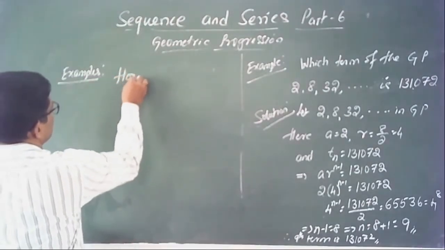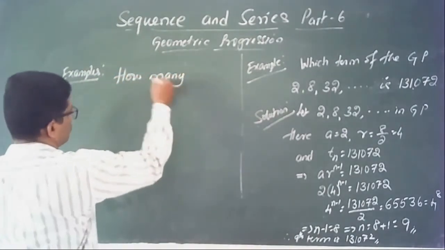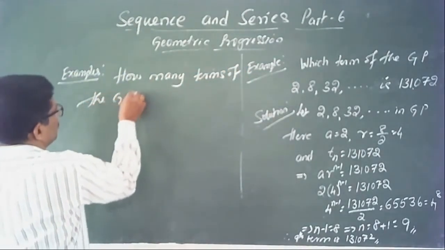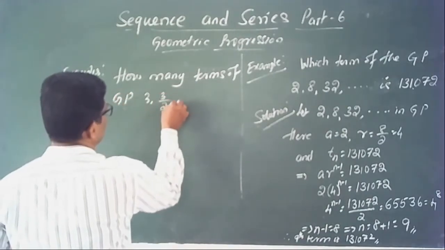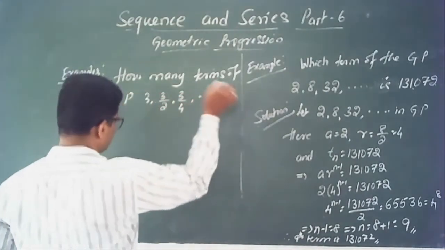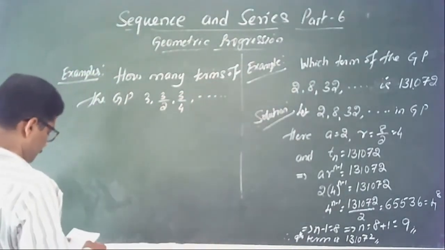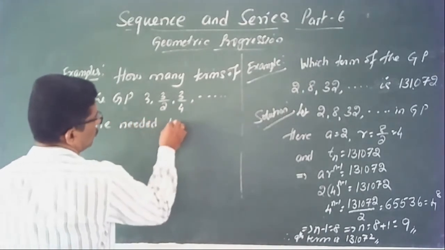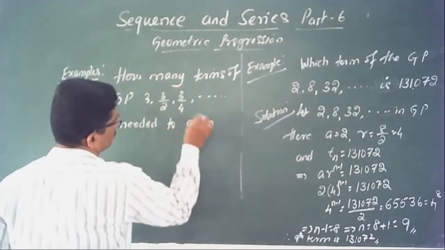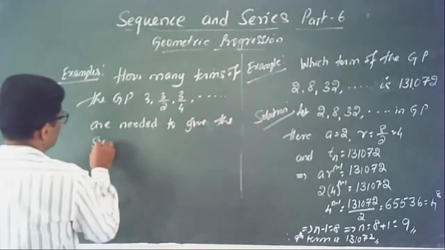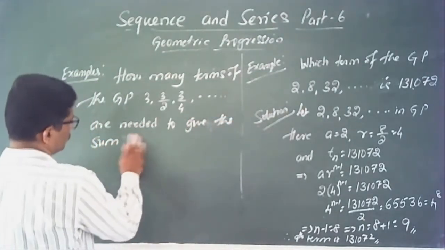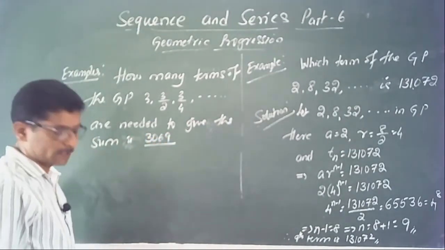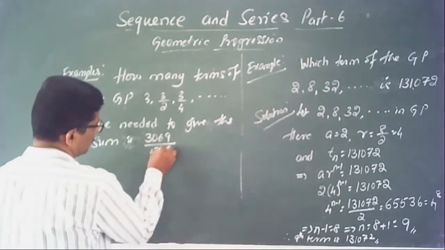Important examples. How many terms of the GP, geometric progression, 3, 3 by 2, 3 by 4, continue, are needed to give the sum 3069 divided by 512?